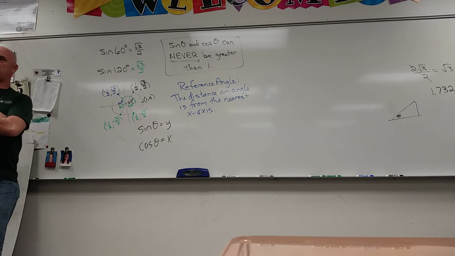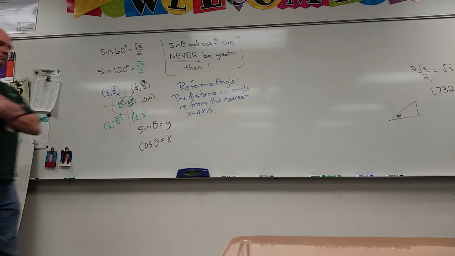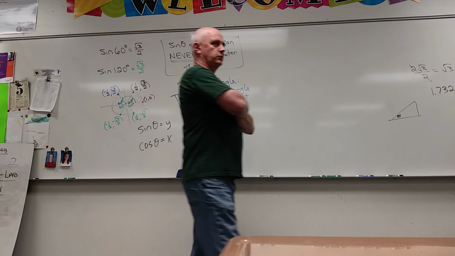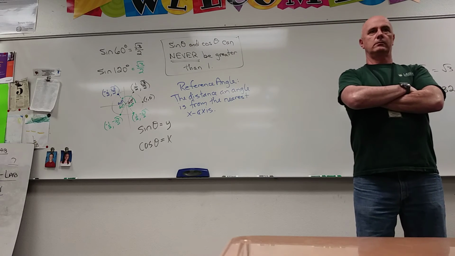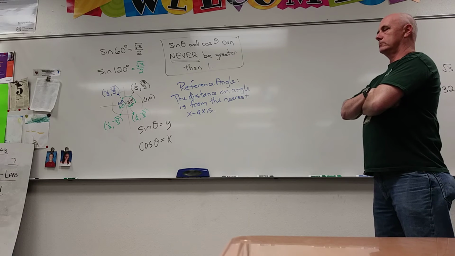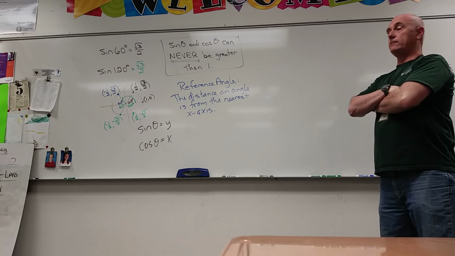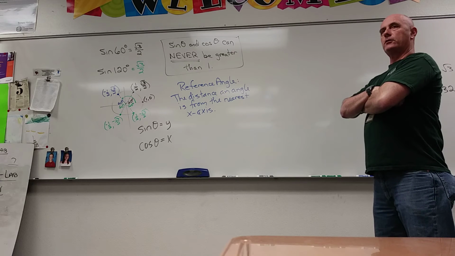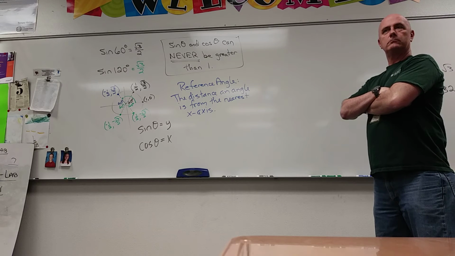Tell me about the word distance. What does that imply? True. What's the distance from me to the door? About 15 feet. How far is it from the door to me? 15 feet.